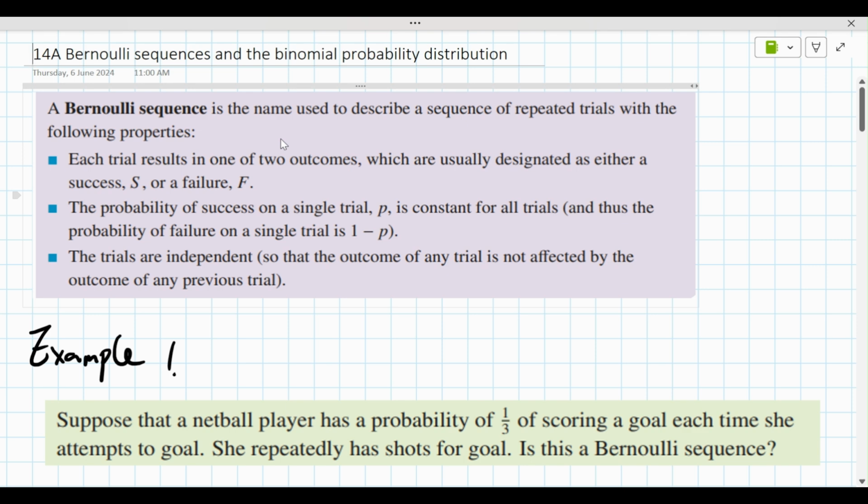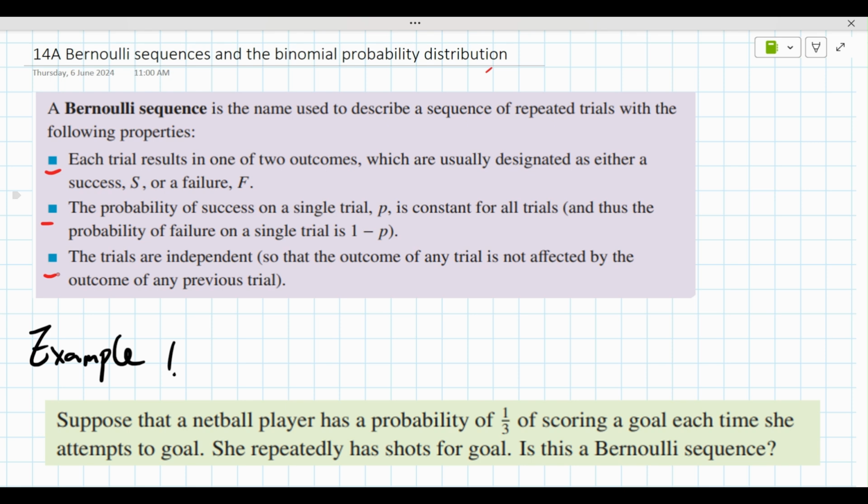So a Bernoulli sequence is actually similar to a distribution. The sequence repeats trials with the following properties. There are three of them. Each trial results in one of two outcomes, which is either success or failure.